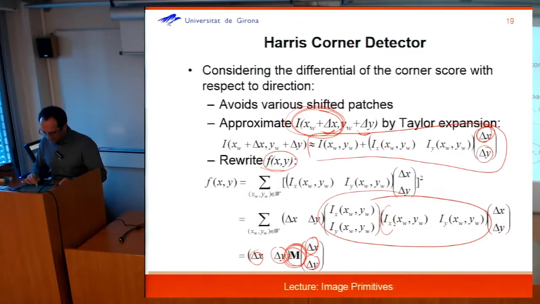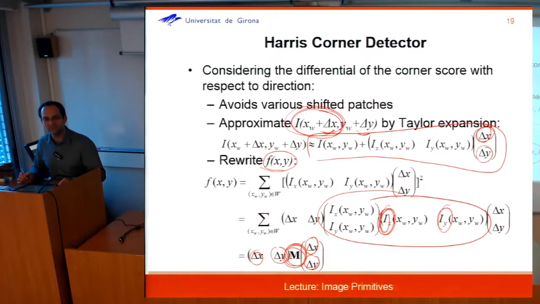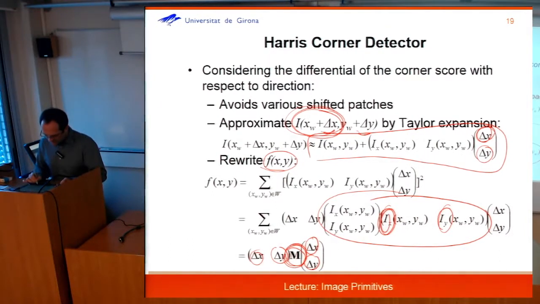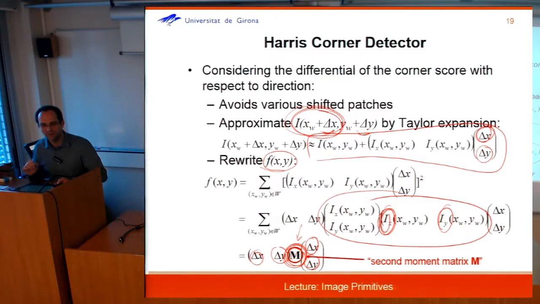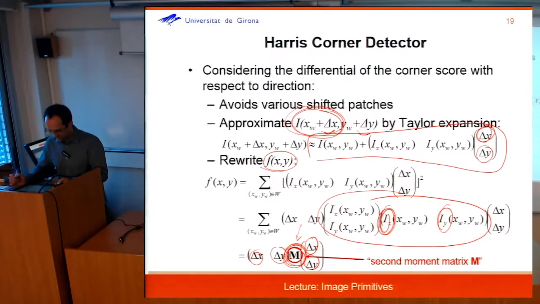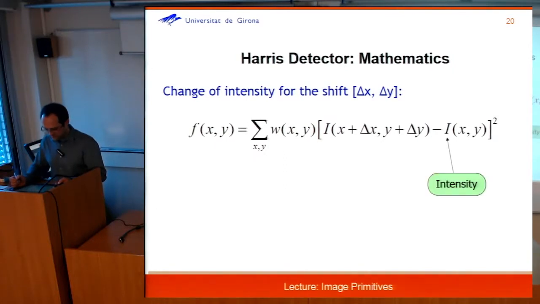And remember the nomenclature we were using. Now, Ix is the derivative with respect to x, and Iy is the partial derivative of the image with respect to y. Okay, so this means that in this M matrix, what we have is the partial derivatives in the x and in the y direction, organized in a given way. Okay, we're going to see this in a minute.